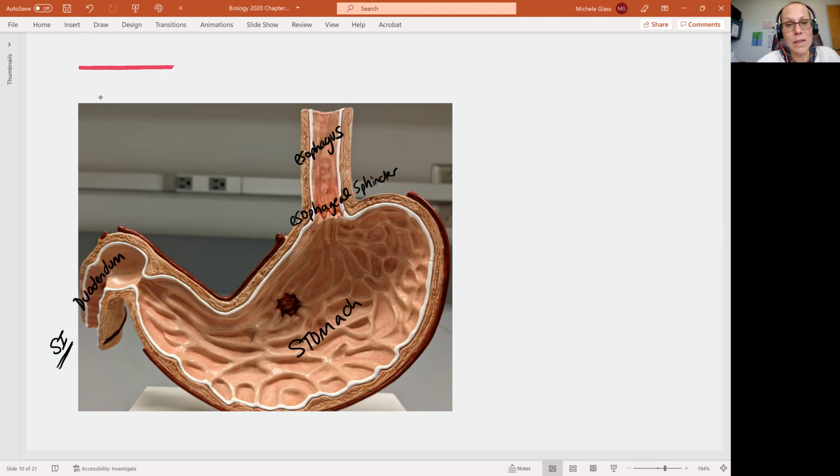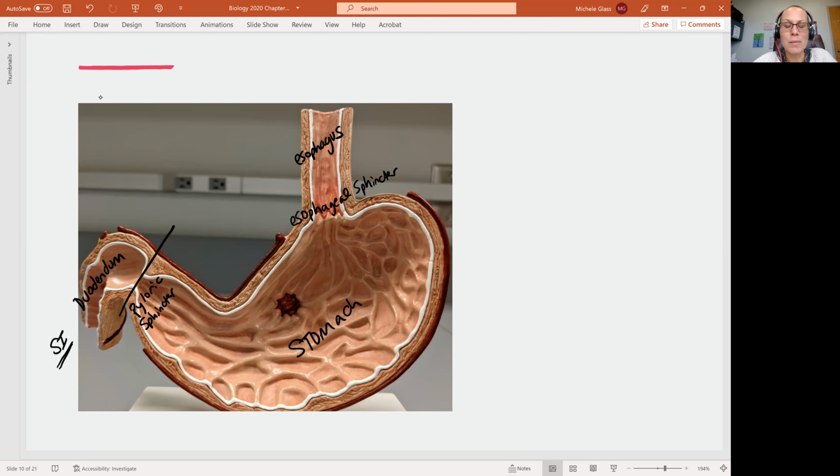This is that beginning portion of the small intestine. But again, you have another sphincter here in between the stomach and the small intestine, and we do call this one the pyloric sphincter. And so this just gives us a little bit of framework for some of our conversation.